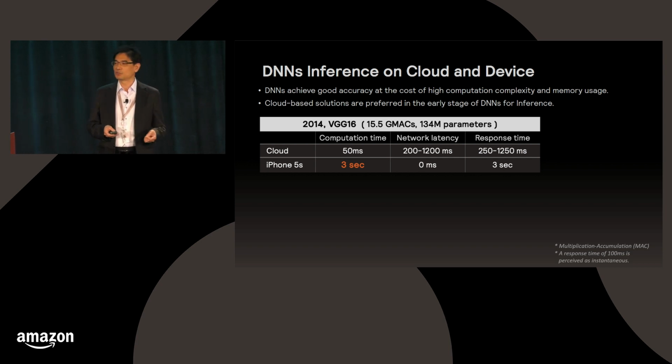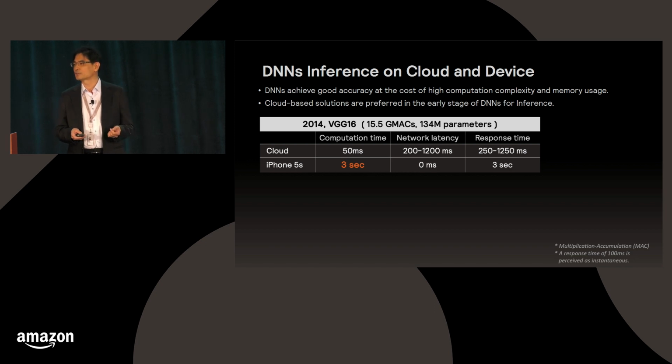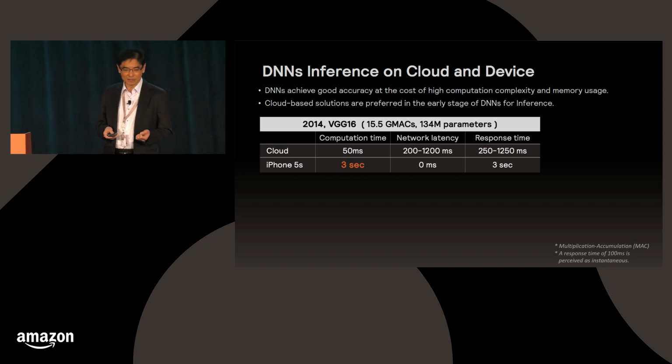So running VGG16 on cloud at that time, the response time ranged from 250 to 1250 milliseconds, where computation time just took up 50 milliseconds, and the response time was mainly dominated by network latency.